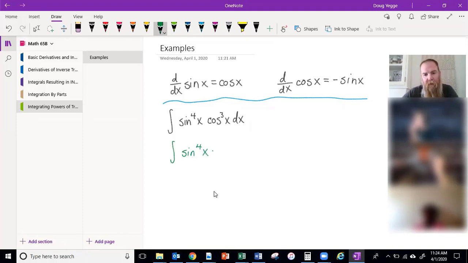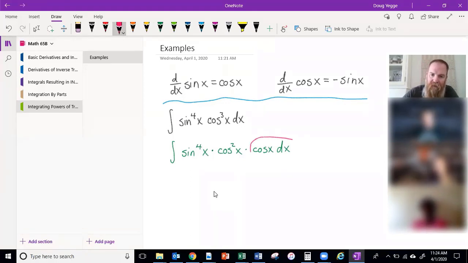So what we're going to do is we're going to rewrite cosine cubed x as cosine squared x times cosine x dx. Now there's a reason why we do that, because now we're going to force that single quantity of sine or cosine to be our du.